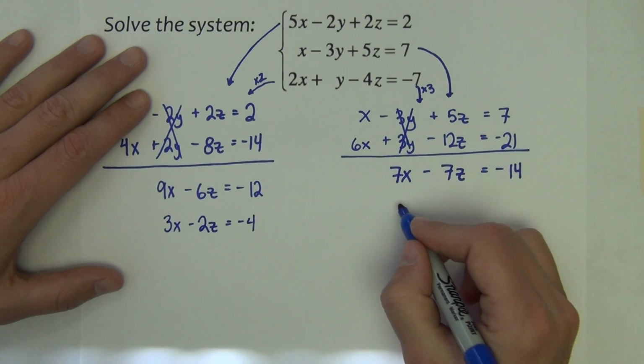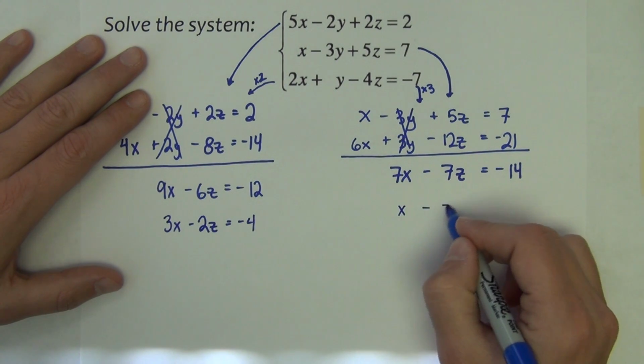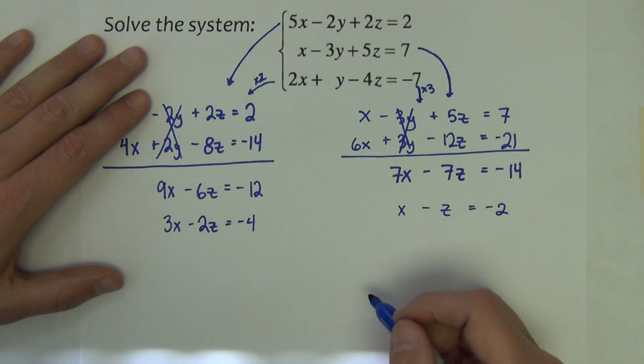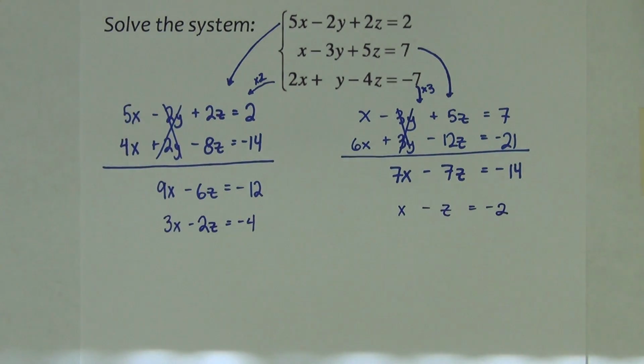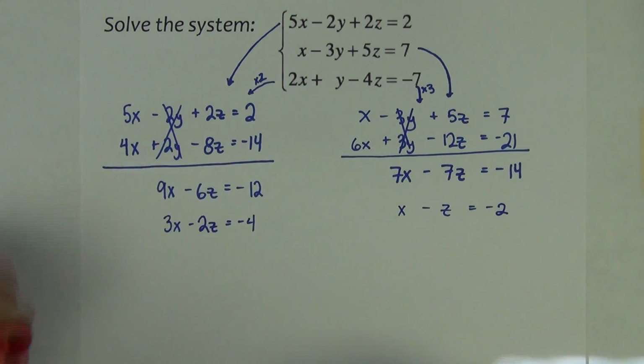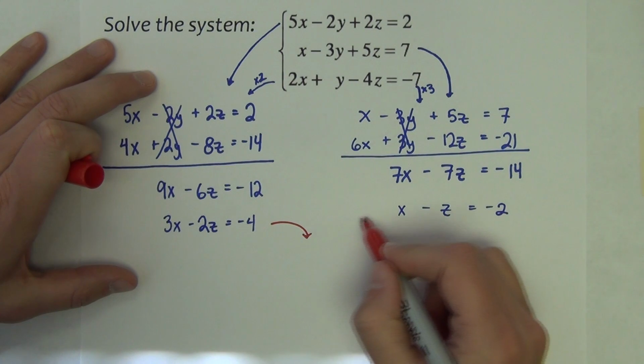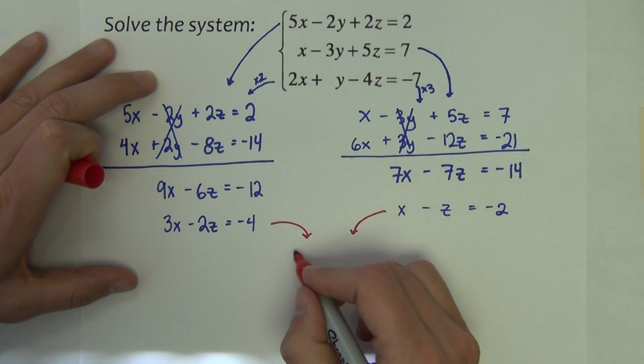This is all divisible by 7, so this is the same as x minus z equals negative 2. Alright, well now I'm going to pull these equations together. I'm going to take this equation and this equation together.